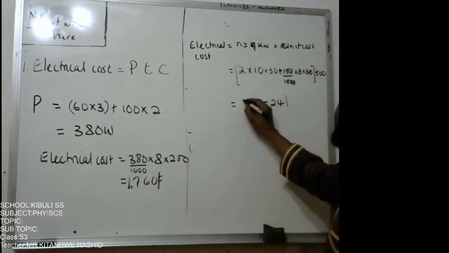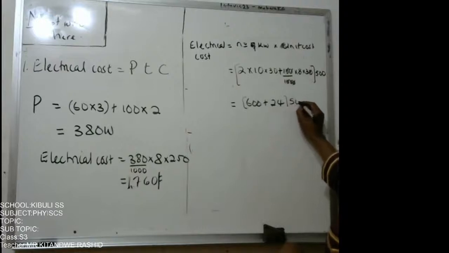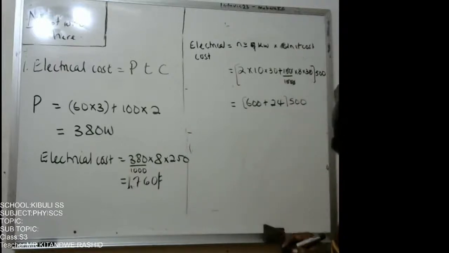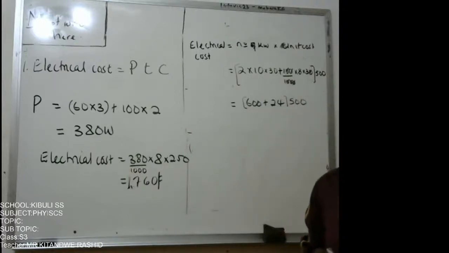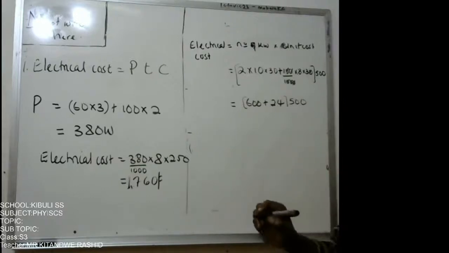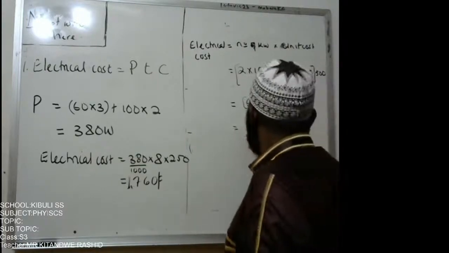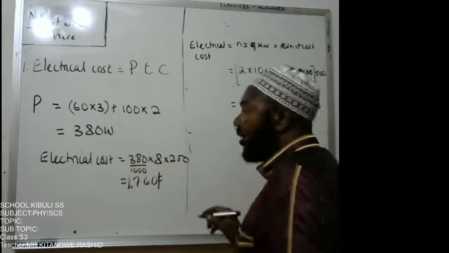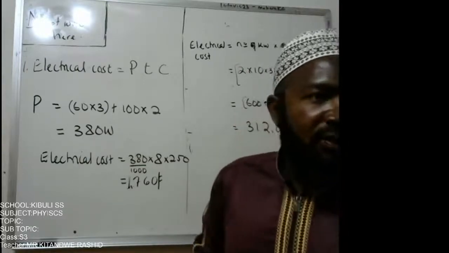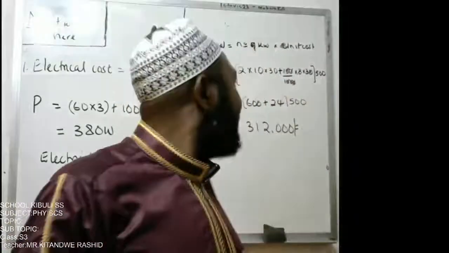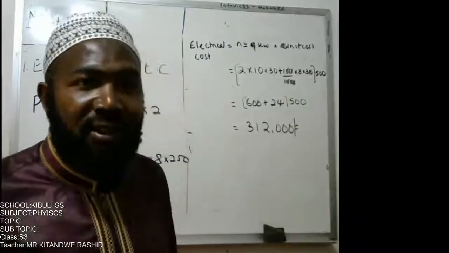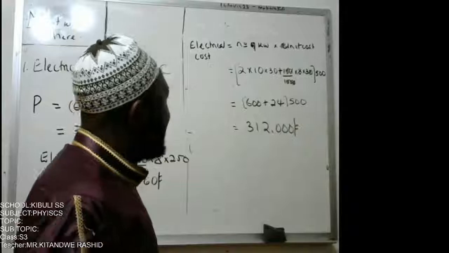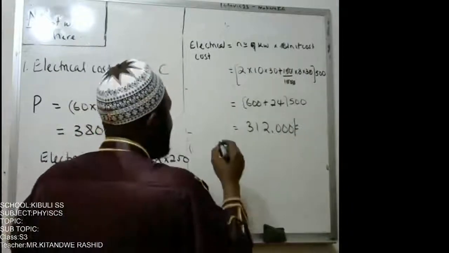All times 500. So 624 times 500, what do you get? 312,000 shillings. Was this the same answer given? Yes, I think it is the same answer.